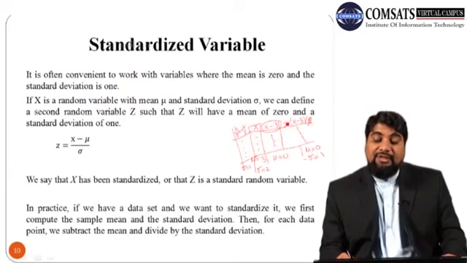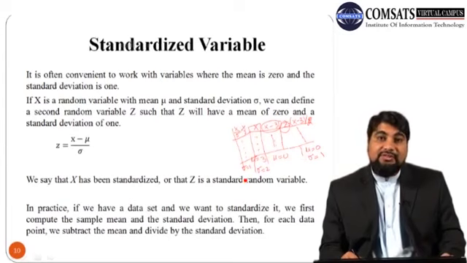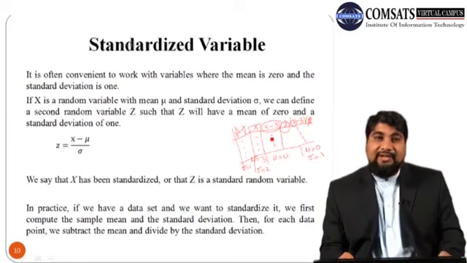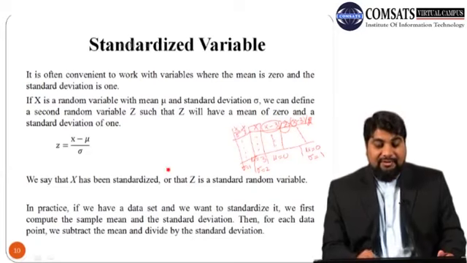So this new variable z is called a standard random variable, or we can also say that x has been standardized. For a standard variable, the mean is 0 and the standard deviation is 1. This is one very important point to note. In real life data, most of the time we are interested in working with standardized variables.